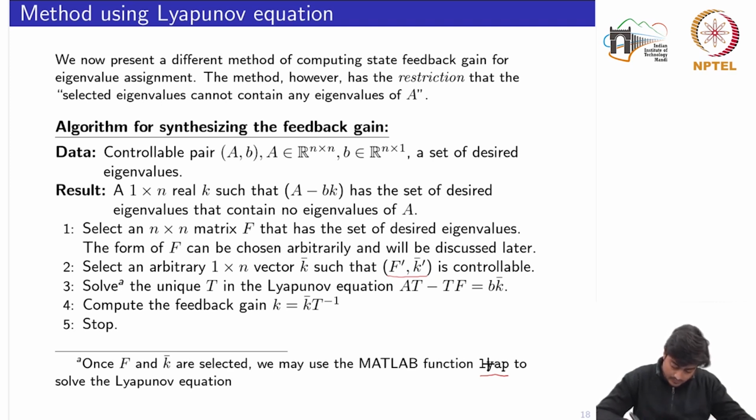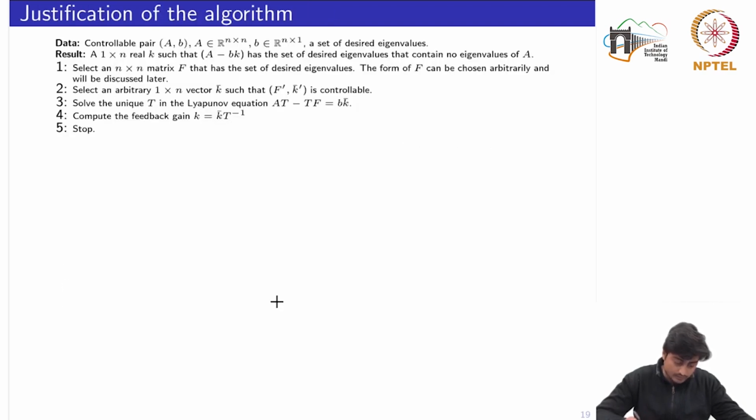Once this k bar matrix or k bar vector is selected, we can solve this Lyapunov equation for T, and after putting T here we would obtain the state feedback vector. So how do we make sure that whatever k we have computed is going to yield the set of desired eigenvalues?